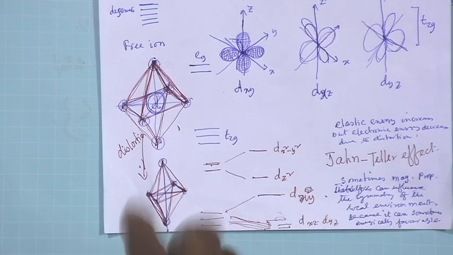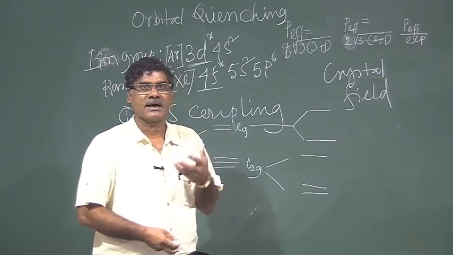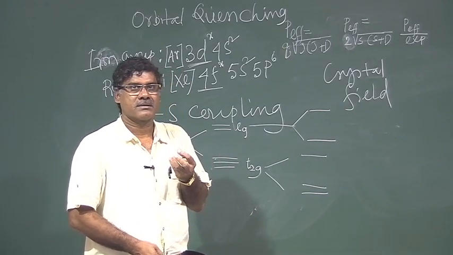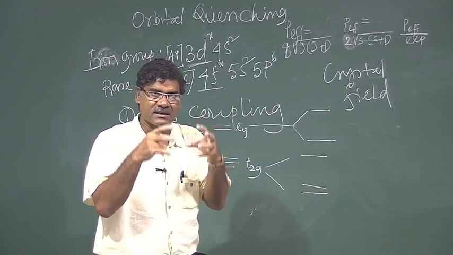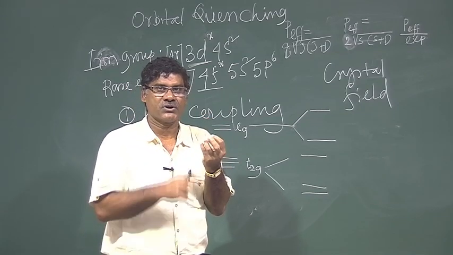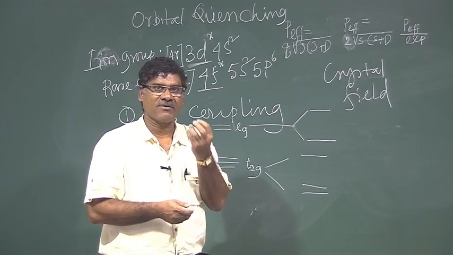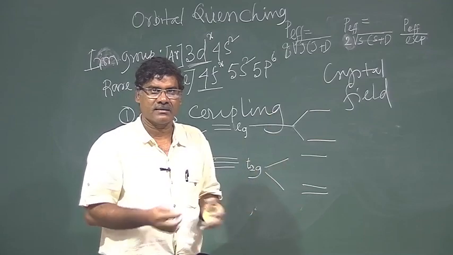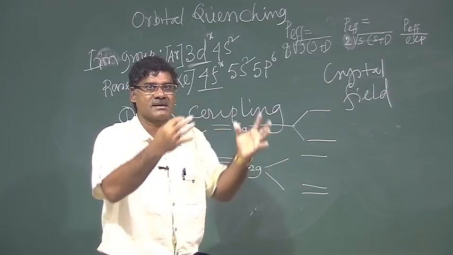Okay. What is important here, I just want to say, is that in a crystal, the ion which is contributing to the magnetic moment is affected by the environment, by the neighbors, by the crystal.